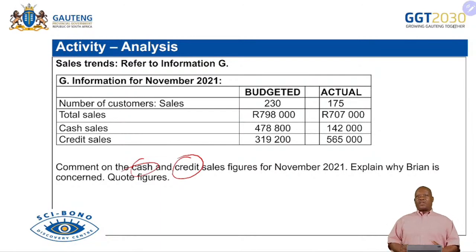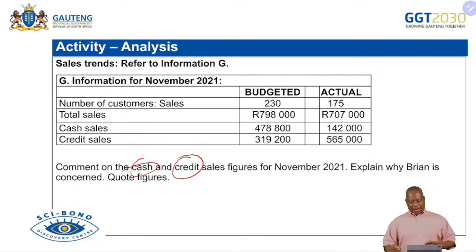Cash sales decreased from 478,800 to 148,000. Or you can just find the difference and say cash sales decreased by. That is if you can be able to do that.